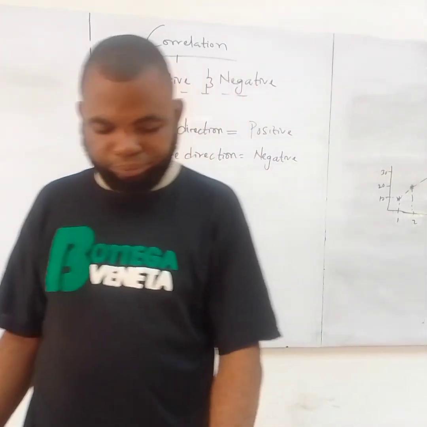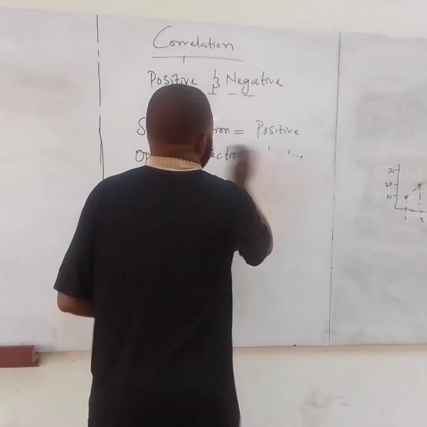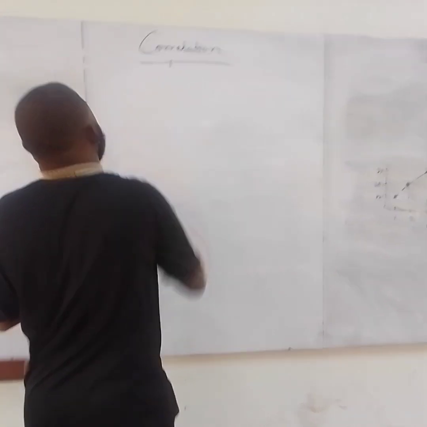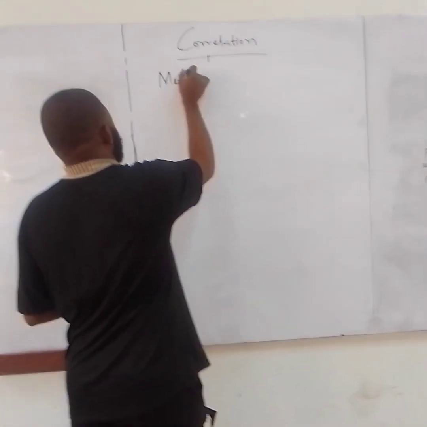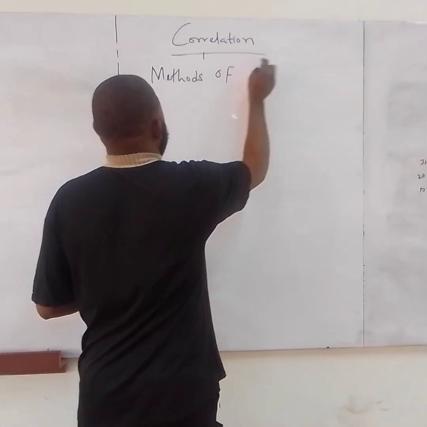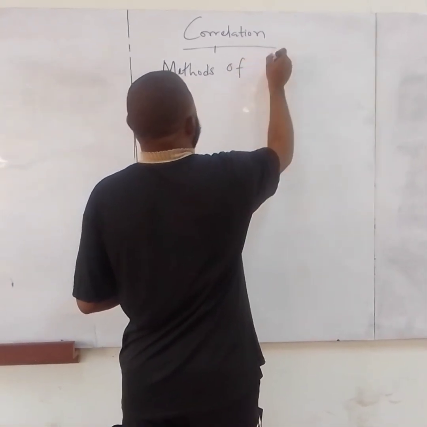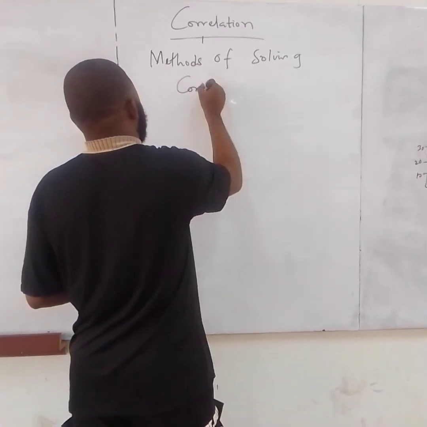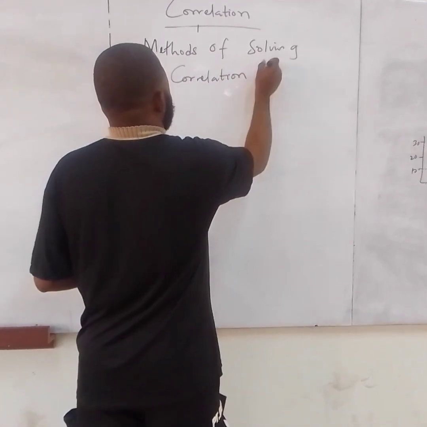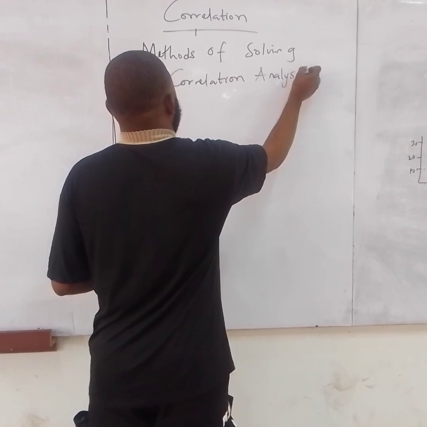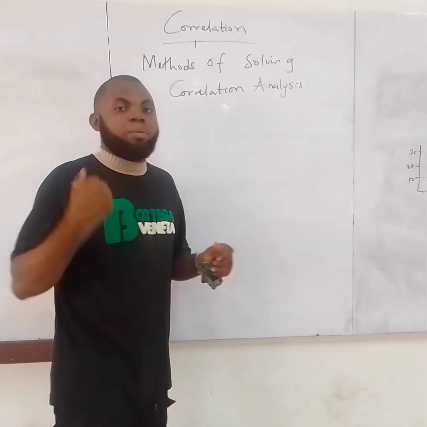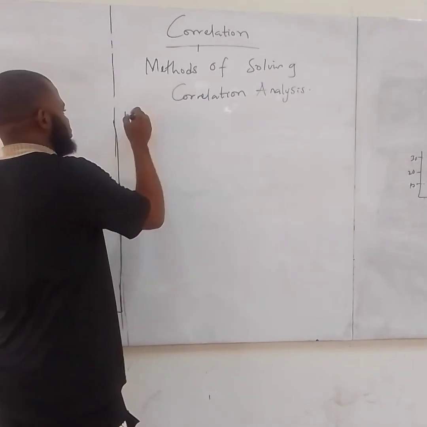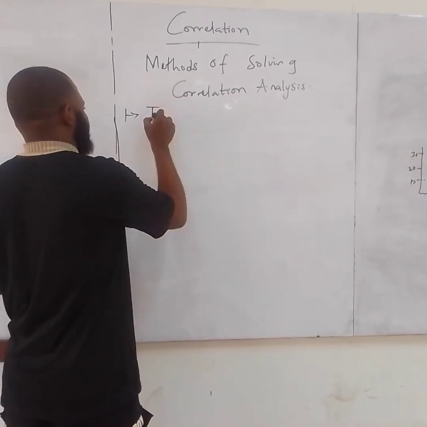So let's talk about the methods of solving correlation analysis. There are basically three methods. The first one is the scatter diagram.